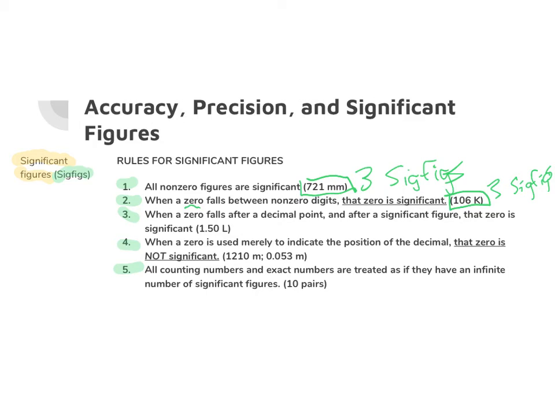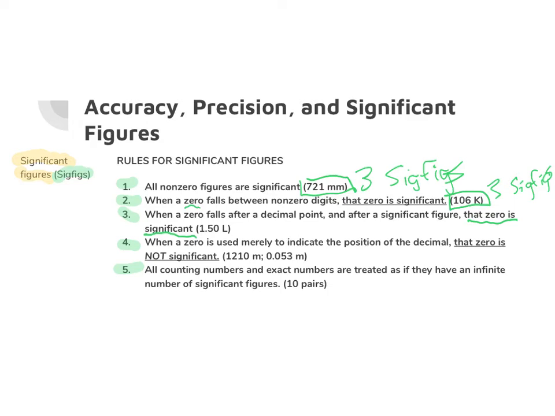And when a 0 falls after a decimal point and after a significant figure, that 0 is also significant. So we go down here to our third example for our third rule, 1.50 liters.